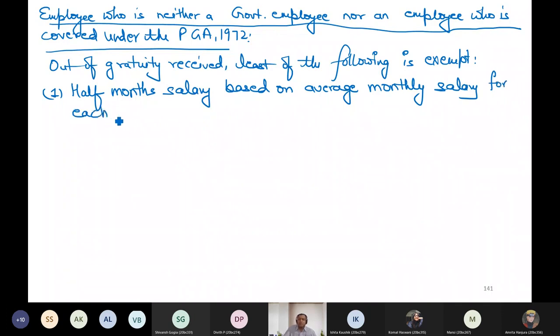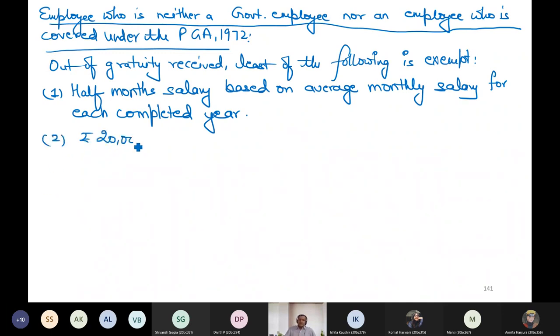Here also the words are changed. I'm not using the words now in excess of 6 months. I'm simply using for each completed year of service. For each completed year, that's it. This is the change when an employee is not covered under Payment of Gratuity. First point is half month salary based on average monthly salary for each completed year. Second and third are same.